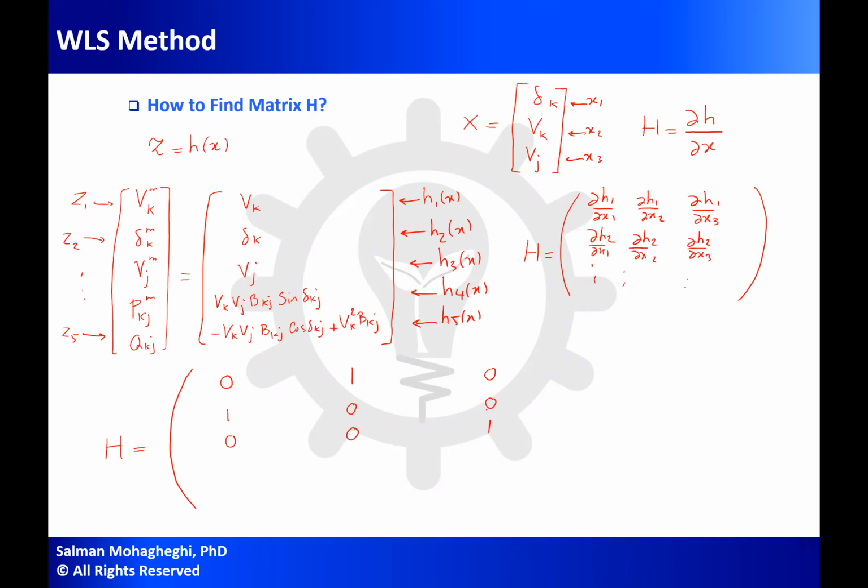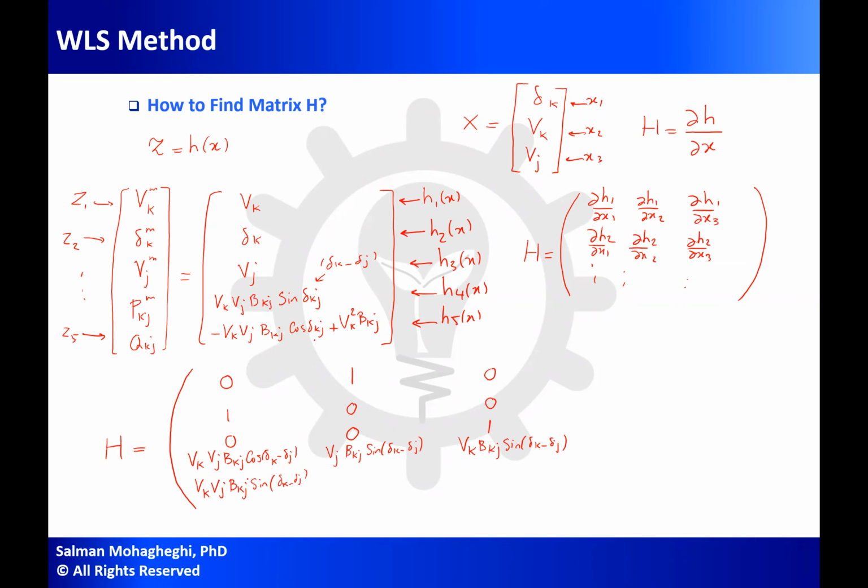Let's go to the next one. So for H5 of X, which corresponds to reactive power, the derivative with respect to delta K, the derivative of cosine with respect to delta K would be minus sine, so the minuses cancel out, and you're going to have Vk Vj Bkj sine of delta K minus delta J. The second term has no delta in it, so the derivative of that with respect to delta will be 0.